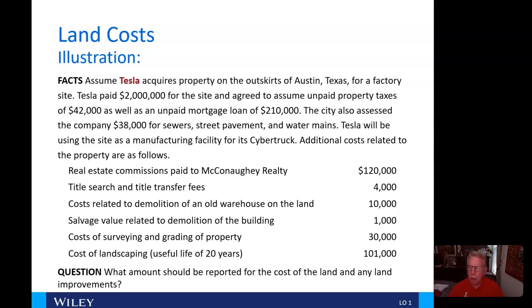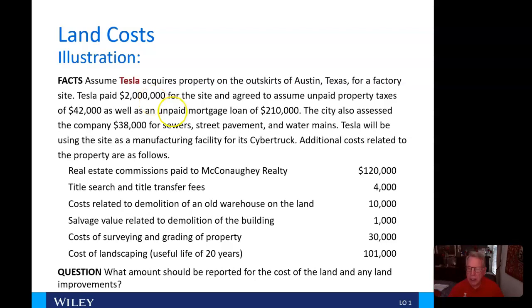The city also assessed the company $38,000 for sewers, street pavement, and water mains. Tesla will be using the property site as a manufacturing facility for its new Cybertruck.